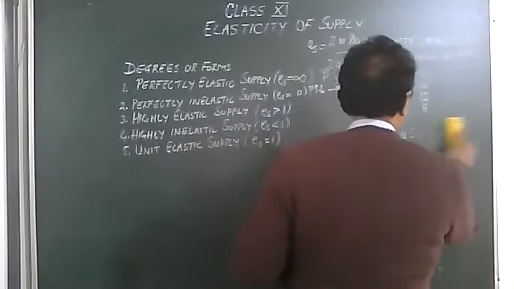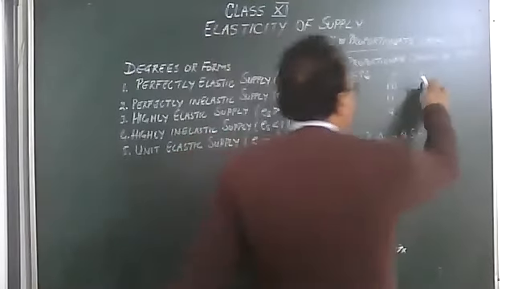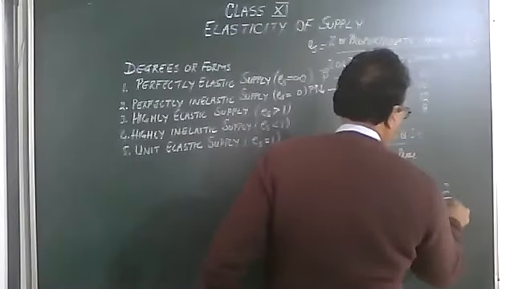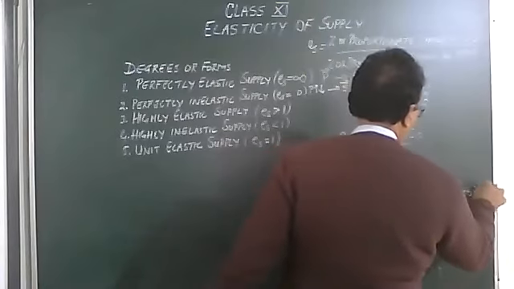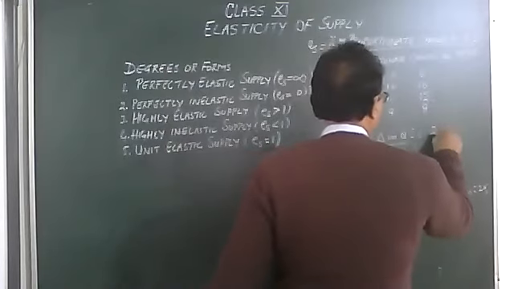Now see here, quantity from 10 comes to 12, that is 2. It will be 2 upon 10 into 100. That is 20%. Either way, so this is 20%.